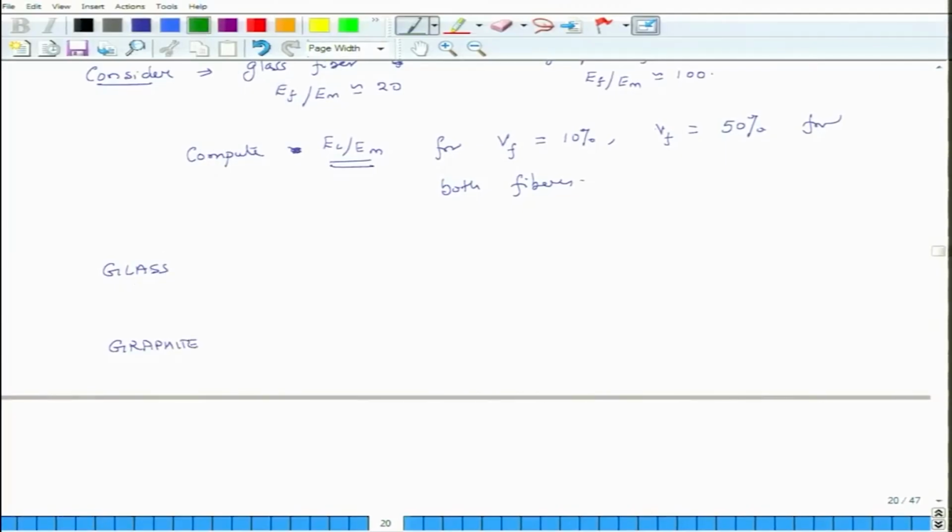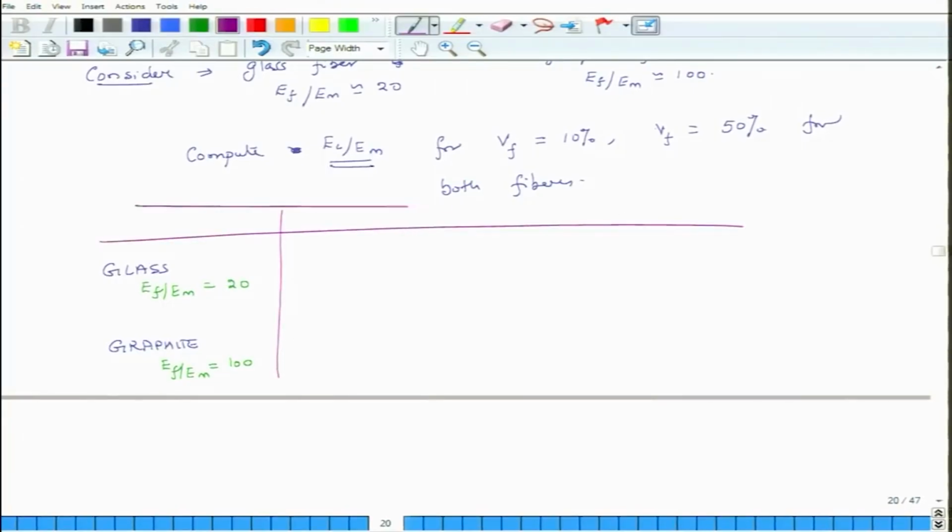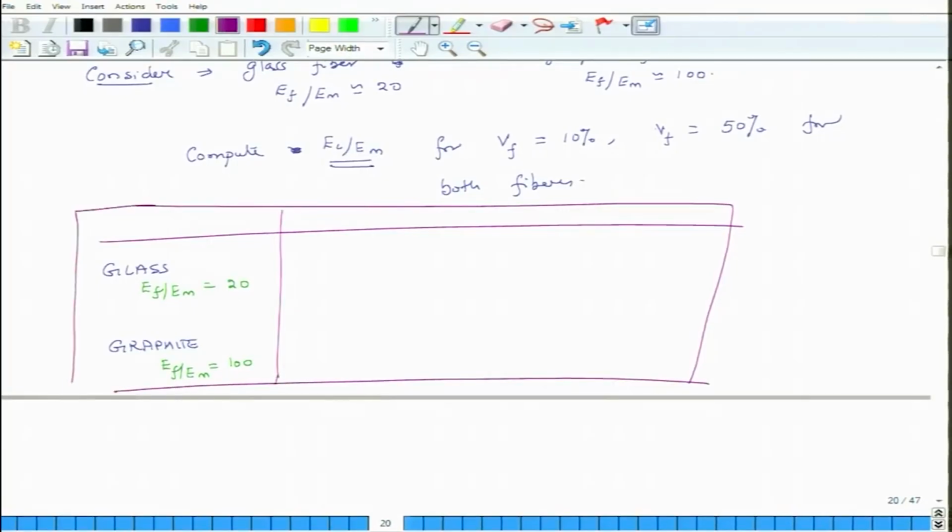For glass, EF over EM is about 20, and for graphite EF over EM is about 100, and the first case is VF is equal to 10% and VF is equal to 50%.